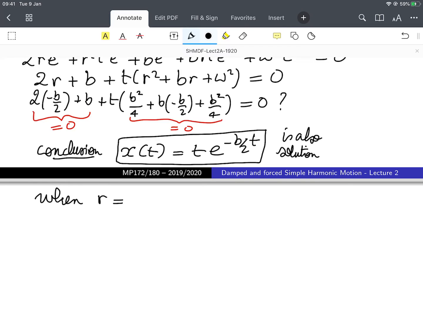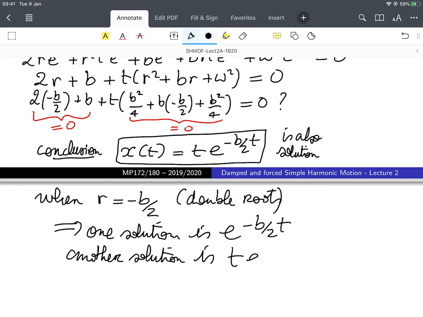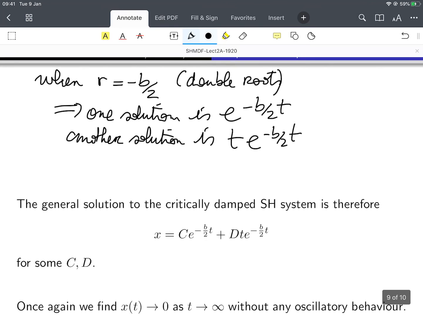When R equals minus b over 2, that's the double root case, then one solution is exponential minus b over 2 t, exponential RT. Another solution is t times that solution. That's what I've written here.